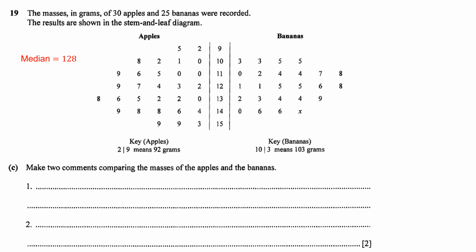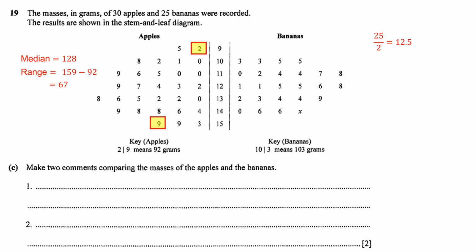So the median for the masses of apples, we already know it, which is 128 grams, and the range will be the maximum value minus the minimum value. So the maximum value will be this number, which is 159, and the minimum value will be this number, which is 92. Hence the range is 159 minus 92, and the value is 67.